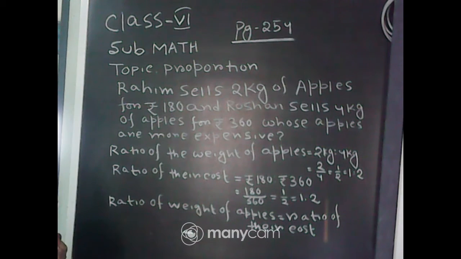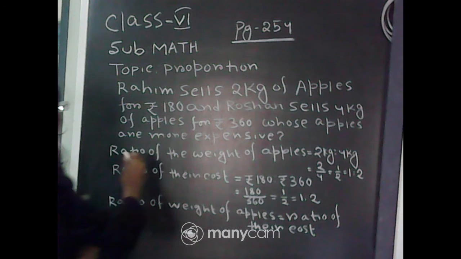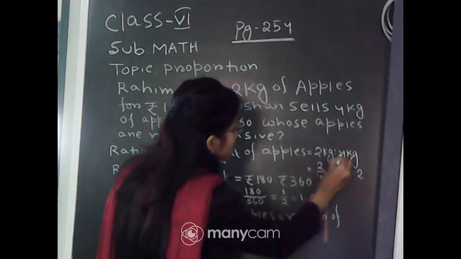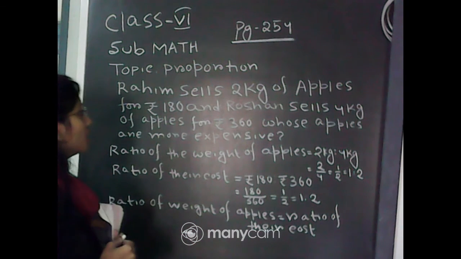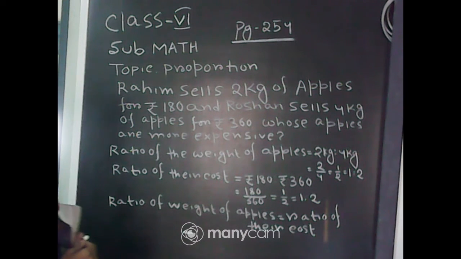First we will find the ratio of the weight of apples. Ratio of the weight of apples is equal to 2 kg is to 4 kg, since Rohim sells 2 kg of apples and Roshan sells 4 kg of apples.